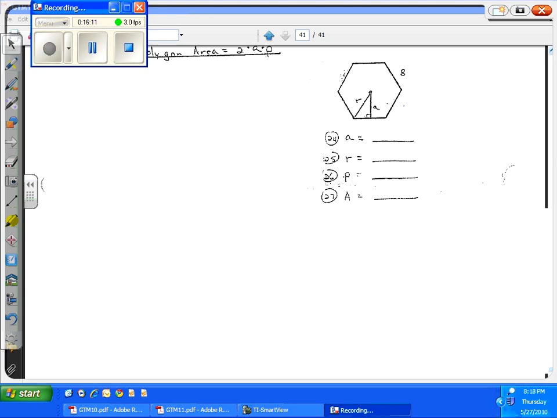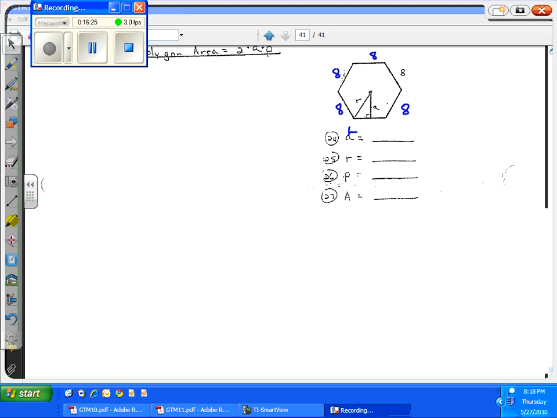In a regular polygon, all of the sides and angles are equal. So if one side is 8, the rest of the sides are 8. The bottom is 8.